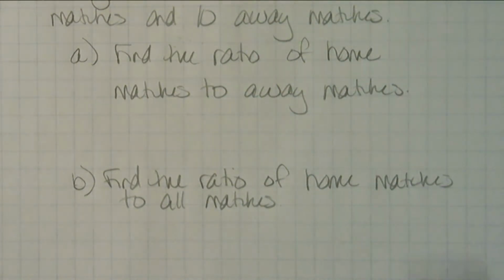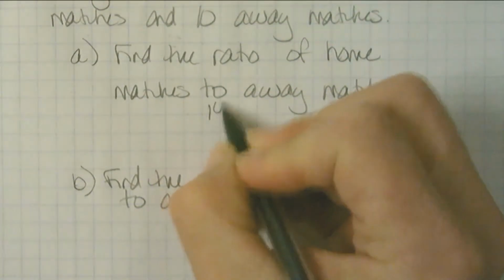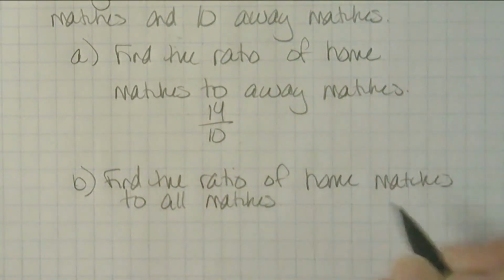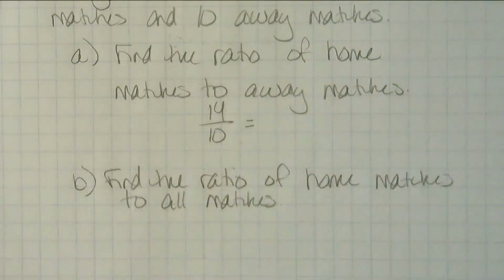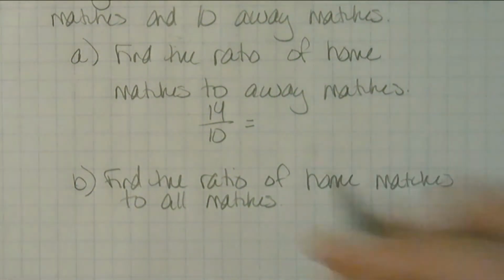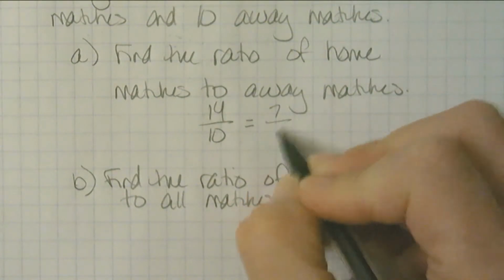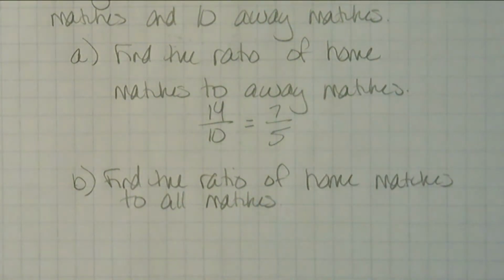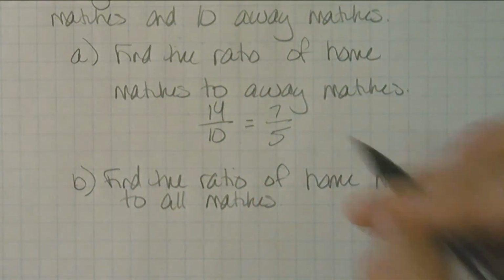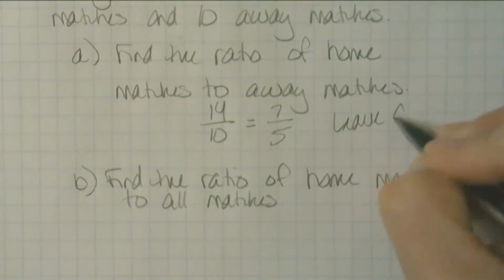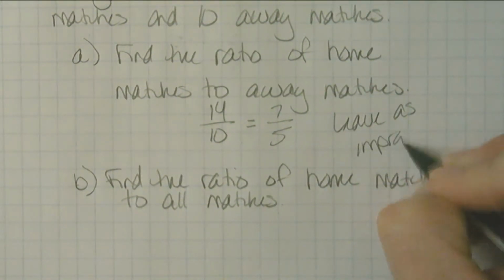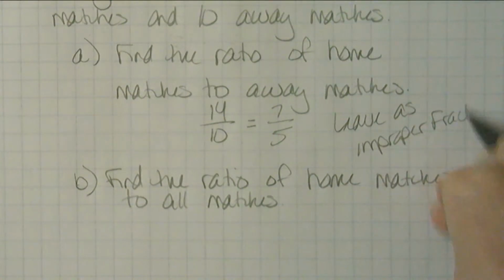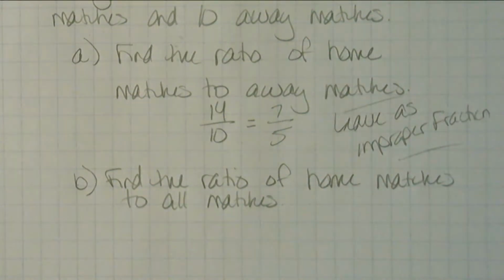Okie dokie. Somebody write my ratio for that first part. Carmen? 14 times 14 over 10, or 14 over 10. Okay, so I'm gonna write it as 14 over 10, and then can you simplify that for me? 7 fifths. 7 fifths. Leave it as an improper fraction, because it is a ratio that we are writing.